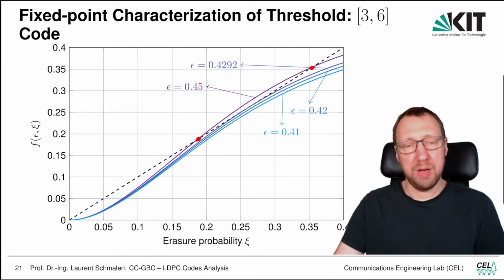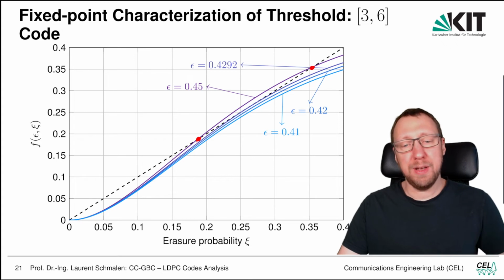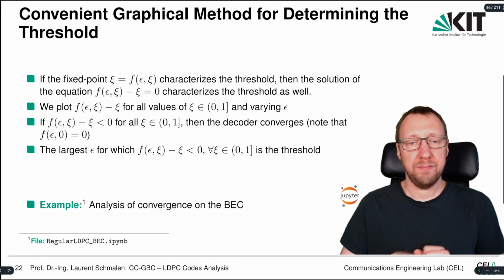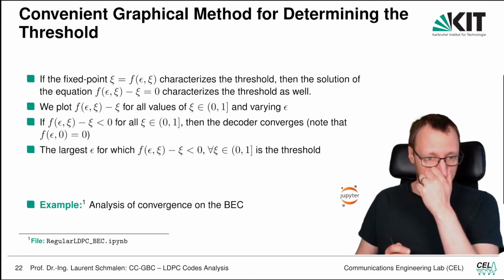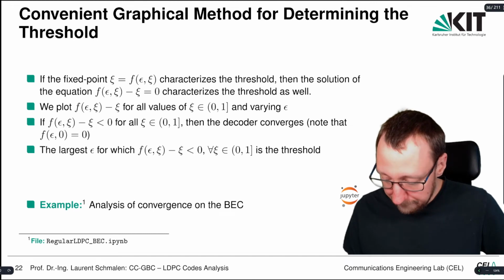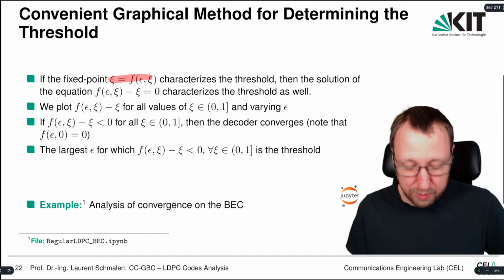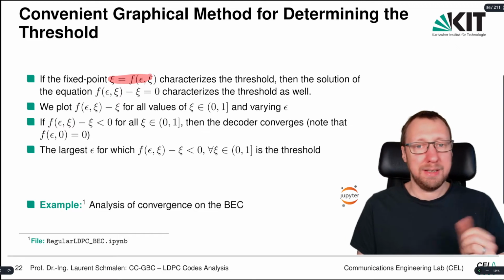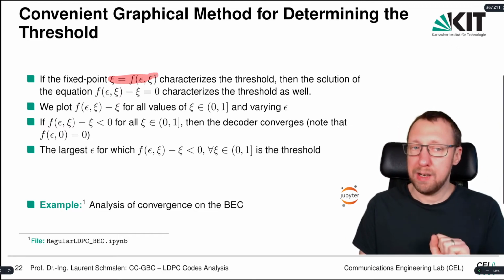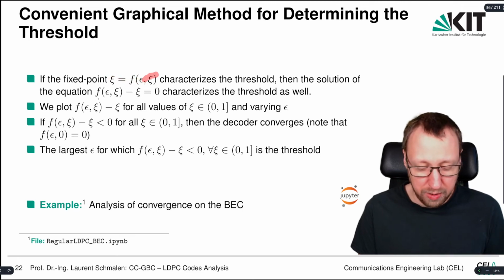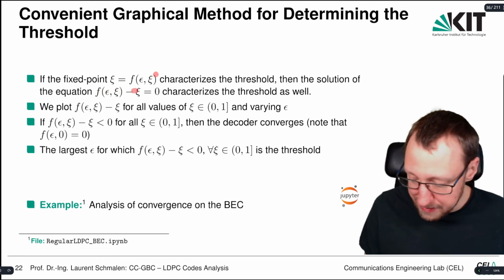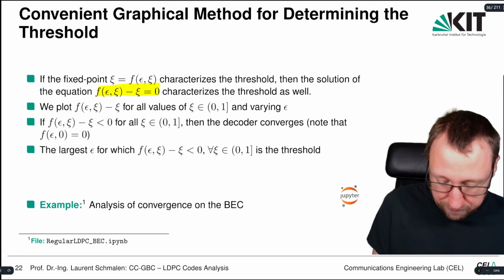But what we can do is rewrite the fixed point equation a little bit to simplify the expression. If c is equal to f of epsilon c characterizes the threshold, then we can rewrite this a little bit and say we have a fixed point if f of epsilon c minus c is equal to 0.